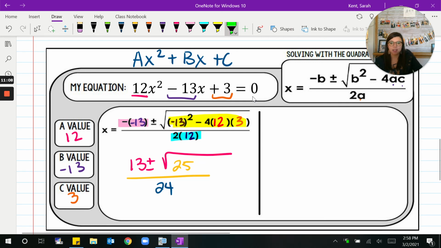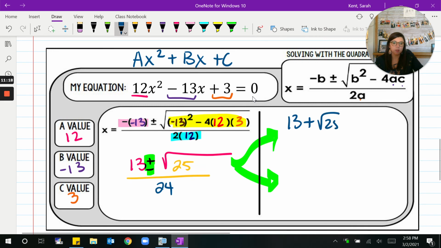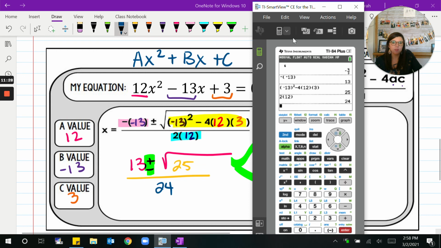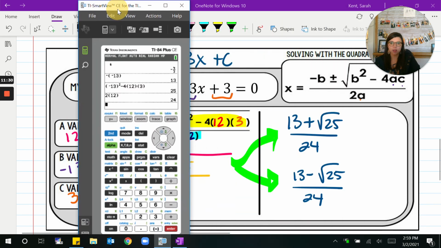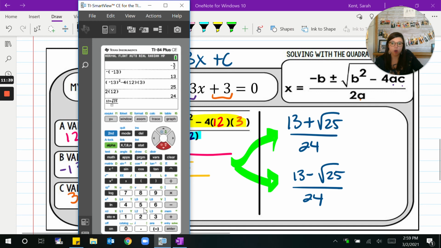All right, and lastly, we've got this plus minus, which means we want 2 answers. So I'm going to have 13 plus the square root of 25 over 24, and 13 minus the square root of 25 over 24. So let's see what these last 2 answers will be. I get a fraction, 13 plus second square root 25 over 24, enter.